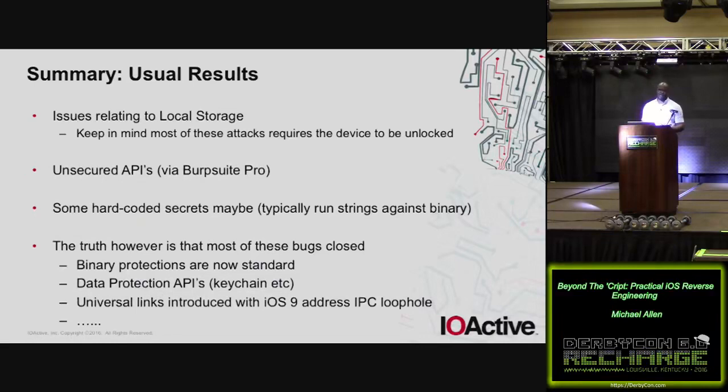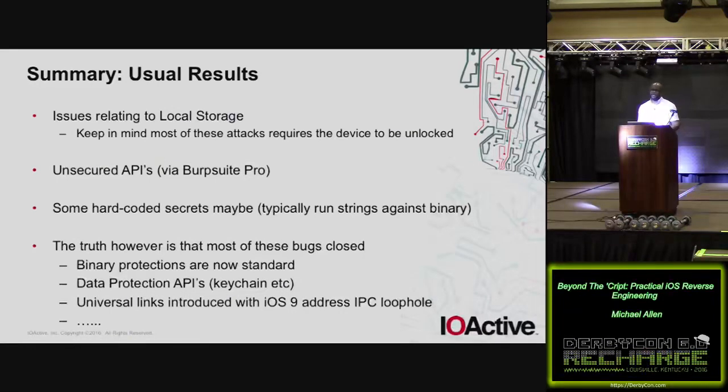Some other common results have to do with unsecured APIs, which you would find using Burp Suite, or some hard-coded secrets. But the fact is that with each iteration of iOS, more and more of the common bugs are being closed, right? Binary protections are now standard, at least in most of the third-party apps that you'll see.